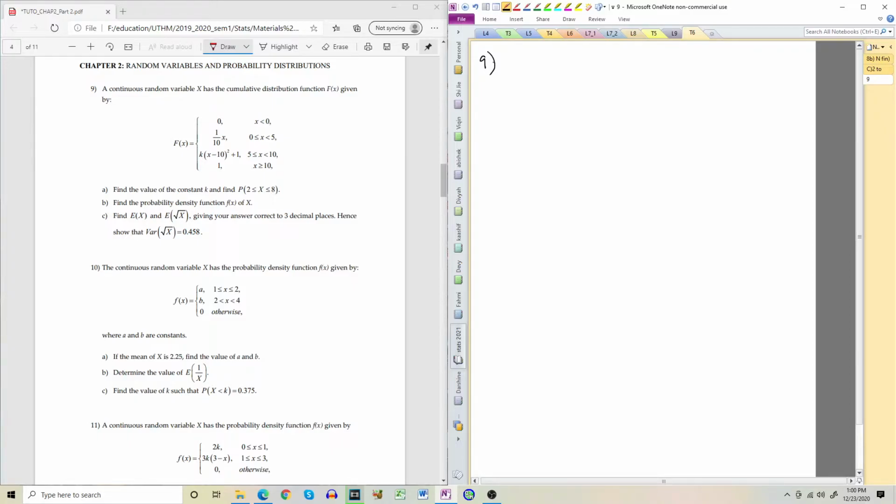Find the value of constant k and find the probability from 2 to 8.